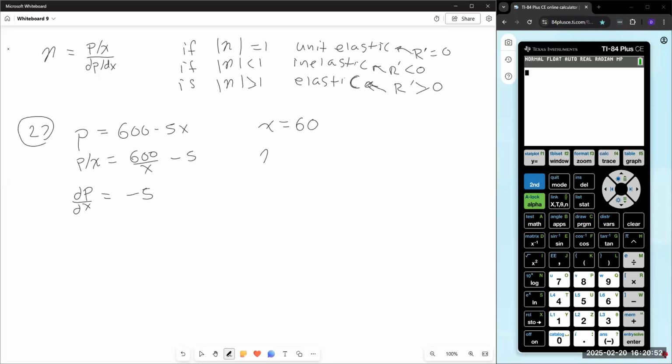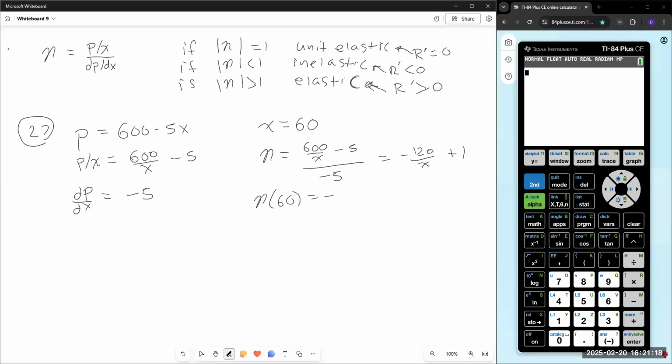So eta is going to be 600 over x minus 5 over -5, which is -120 over x plus 1. And so I want to now find eta at 60 units.